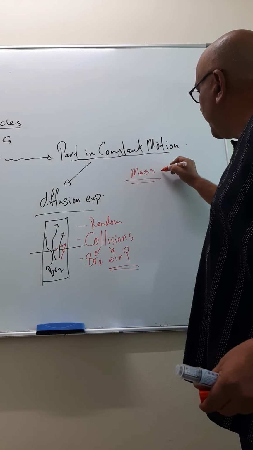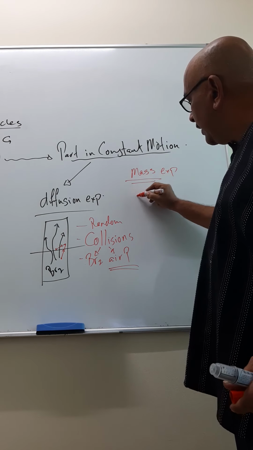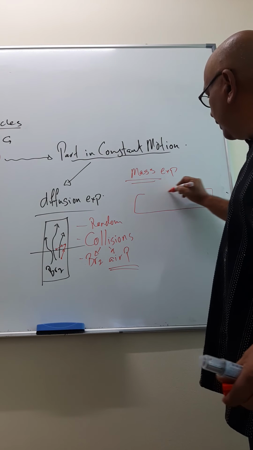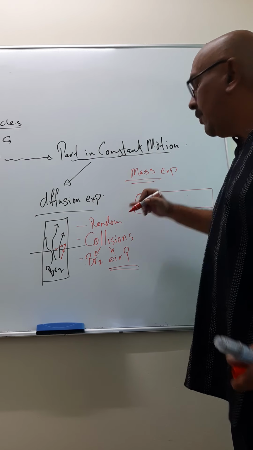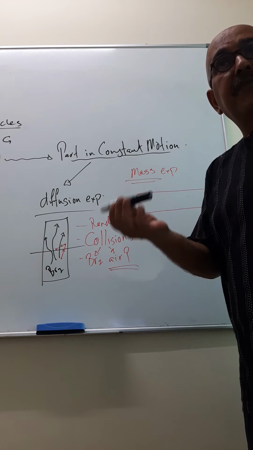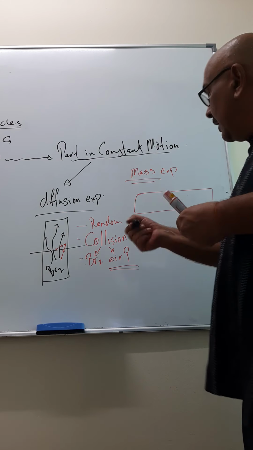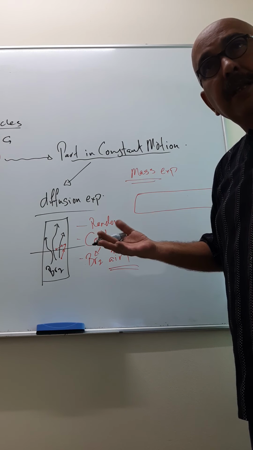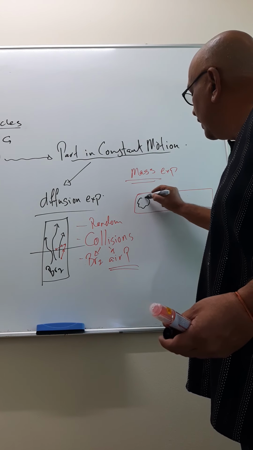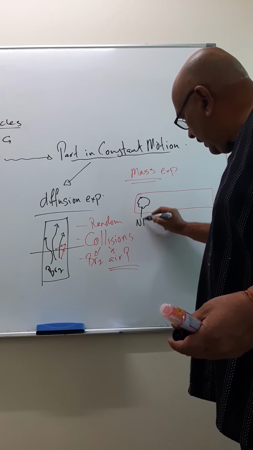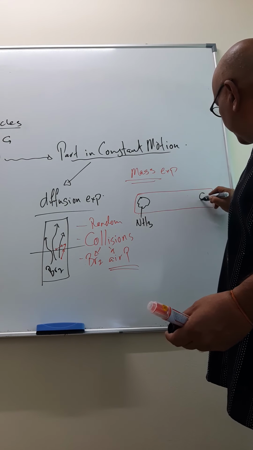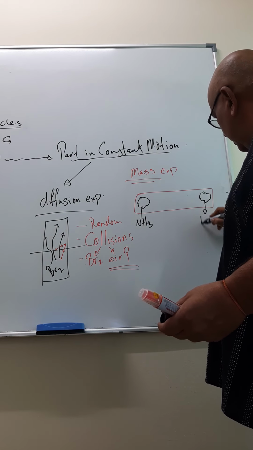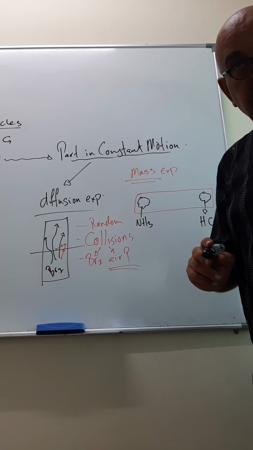Now, the mass experiment is where you're putting two gases in a tube and you want to see their rate of diffusion based on mass. But we need to be able to see them because the gases are both invisible. So here we use ammonia, and here we're using wool soaked in concentrated hydrochloric acid normally.